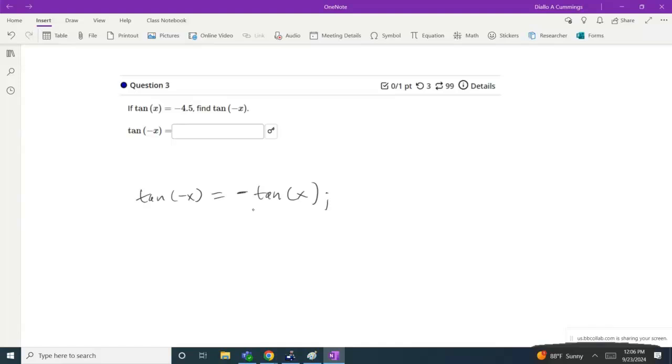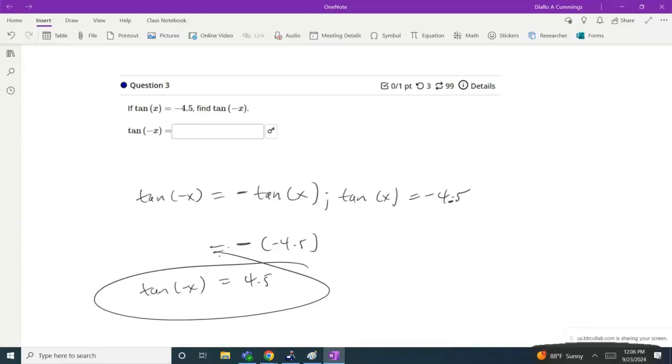And they give us that the tangent of x is negative 4.5. So I'm simply going to substitute tangent of x for negative 4.5. I'm going to bring down my negative. A negative times a negative is a positive. So the tangent of negative x should be positive 4.5.